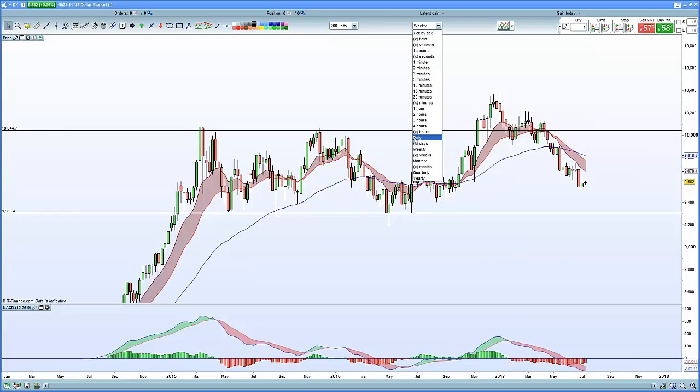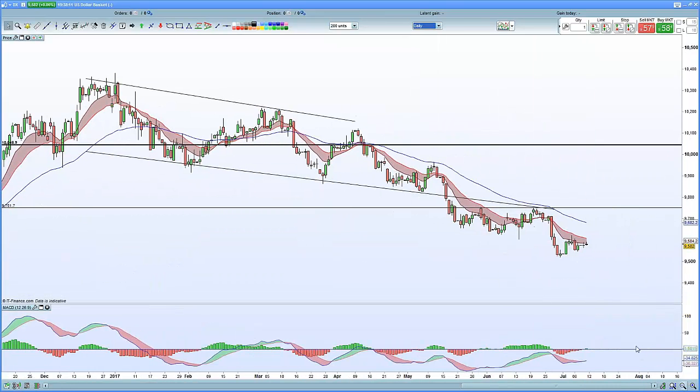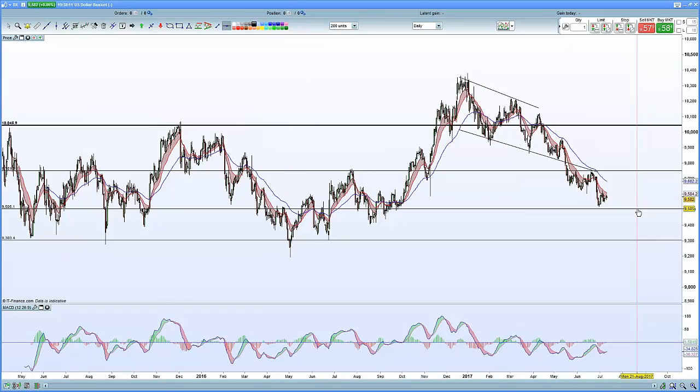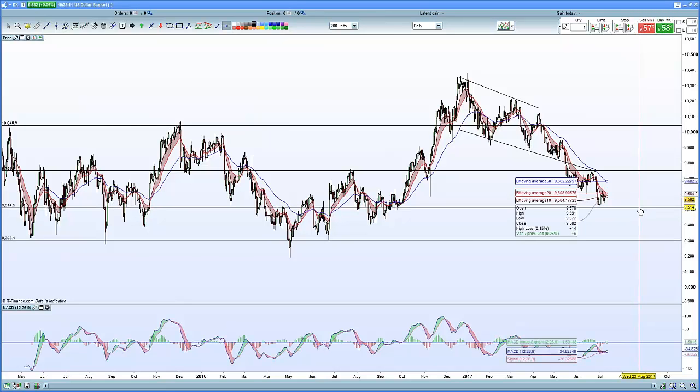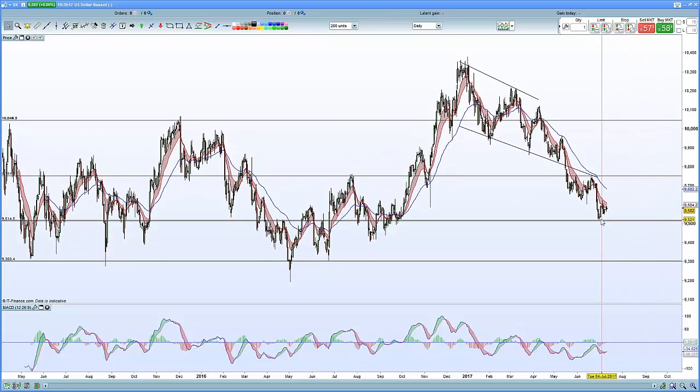If you go to the daily chart, let me just zoom out a bit. Now I just want you to pay attention to the 9500 level, which we came close to hitting around 30th June.